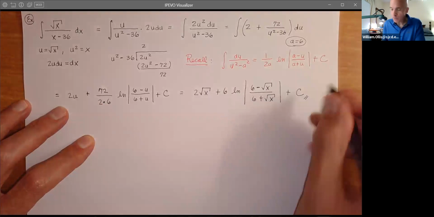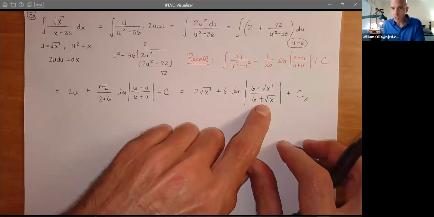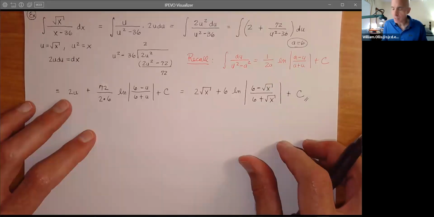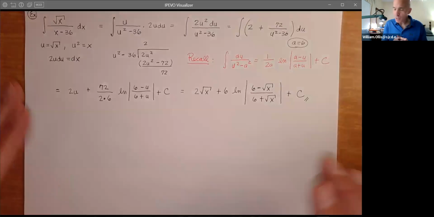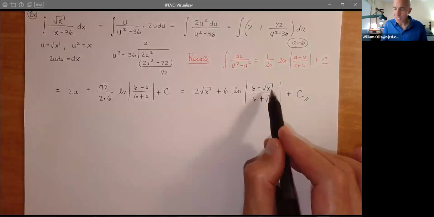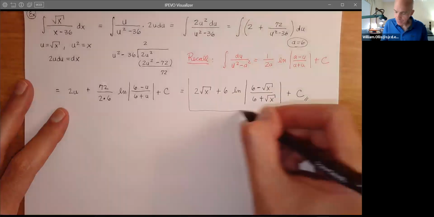Now, of course, if you want to flip these around, it doesn't matter. There's just absolute value, so it won't make any difference. Your choice. Lots of students like to do the square root of x first, but it's absolute value, so it won't change anything. But this is exactly what you need right here.